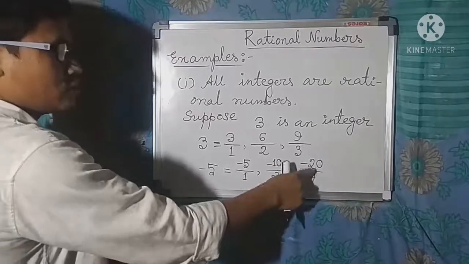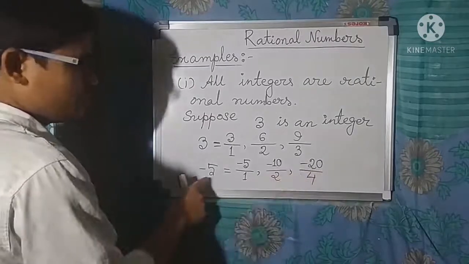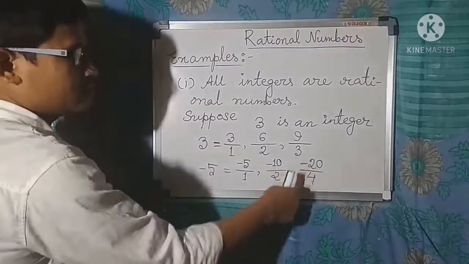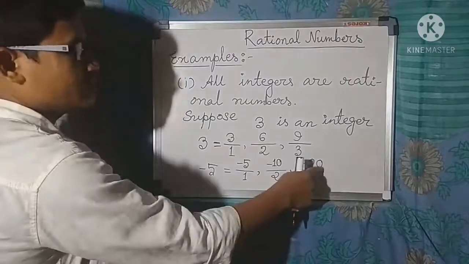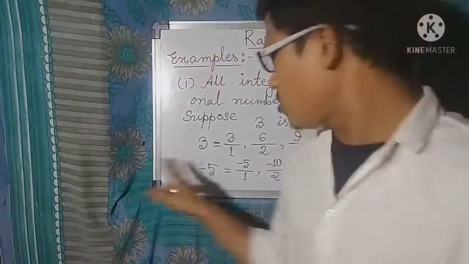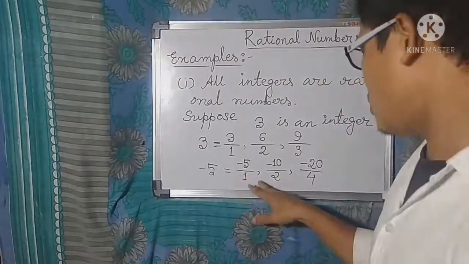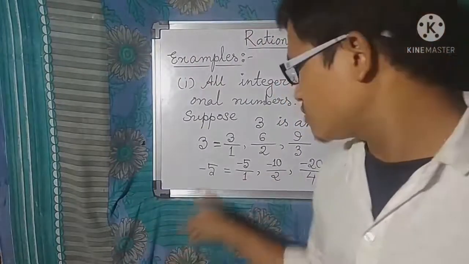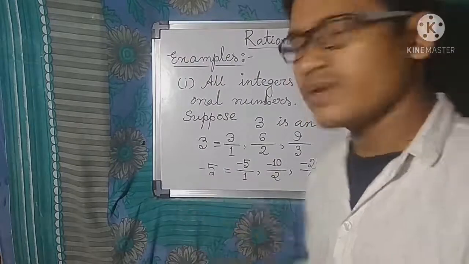This is also a p by q form of minus 5. Minus 20 by 4. If we divide minus 20 by 4, we will get minus 5, isn't it? So all of these are p by q forms of the integer minus 5.